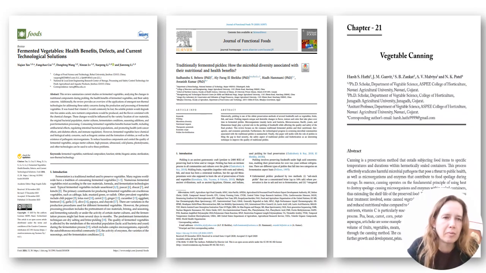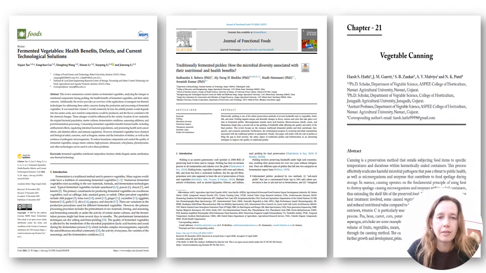So here we have one publication about fermented vegetables, the health benefits, the effects, and current technological solutions. It talks about vegetable fermentations in general. Some articles discuss that when we do the fermentation, we'll have an increase in the health benefits of this product, but we can link it also to some defects that may damage the vegetable that we want to preserve.